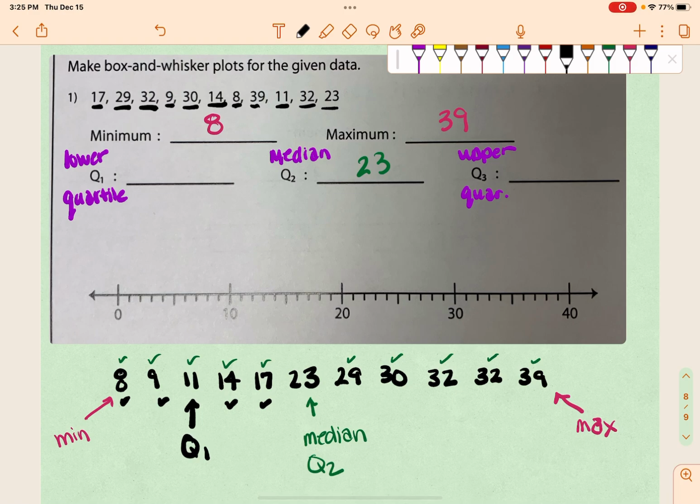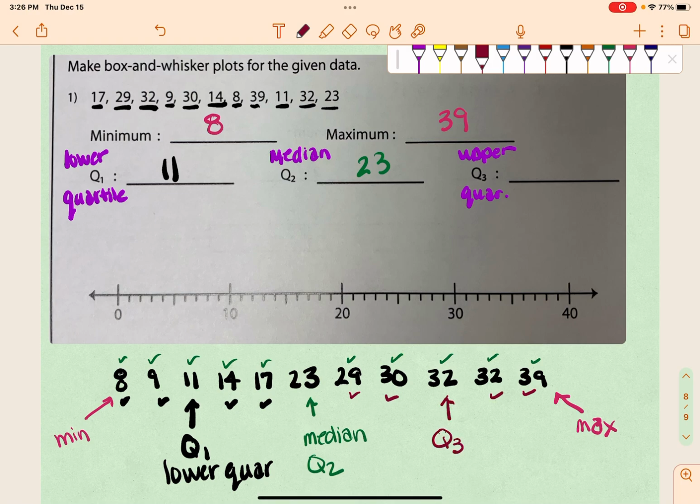That's going to be your Q sub 1, or your lower quartile. So that's going to be 11. Now I'm going to do the same thing to find the upper quartile from this end. There's the top and the bottom, and this one right here is Q sub 3, which is the upper quartile. So that's going to be 32.